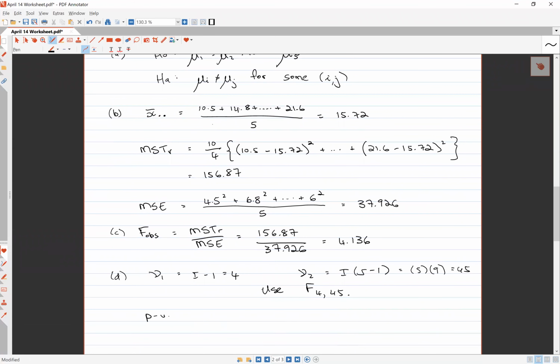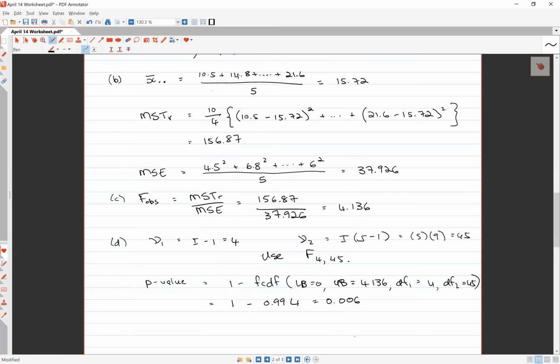And so our p-value will be 1 minus, if I do my FCDF again, lower bound of 0, upper bound of 4.136, and I have my 2 degree of freedom values. That FCDF is 0.994, and so our p-value is 0.006.